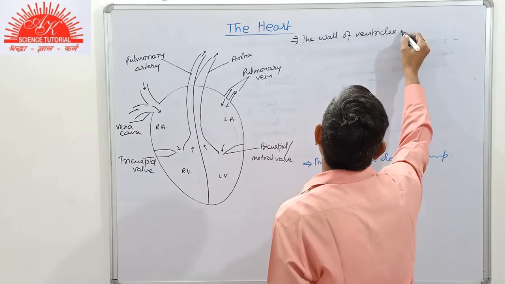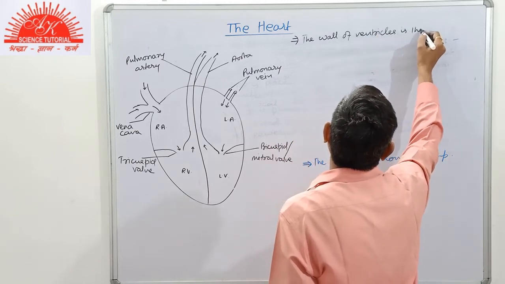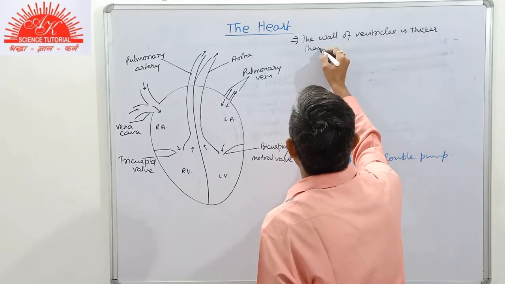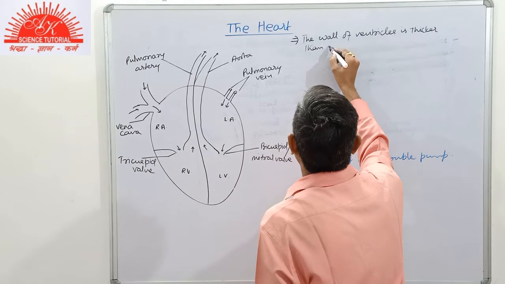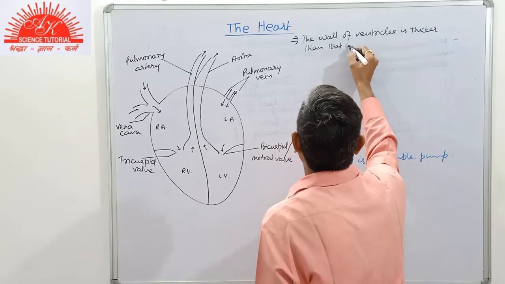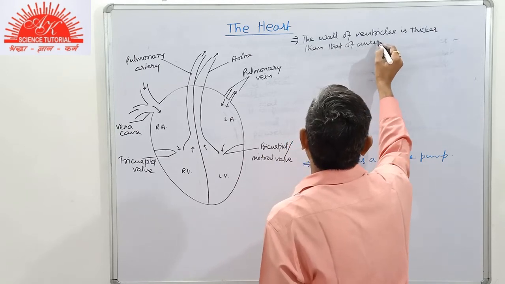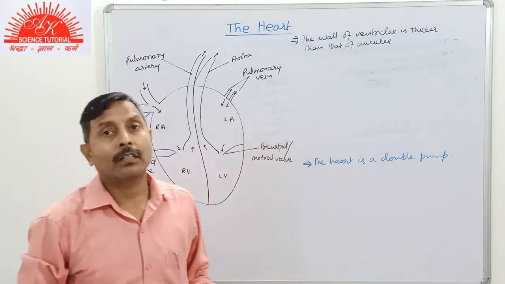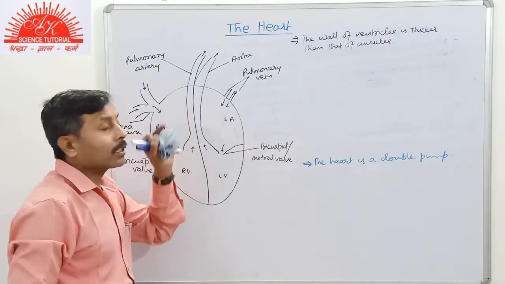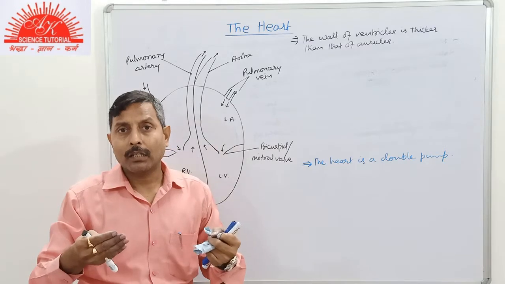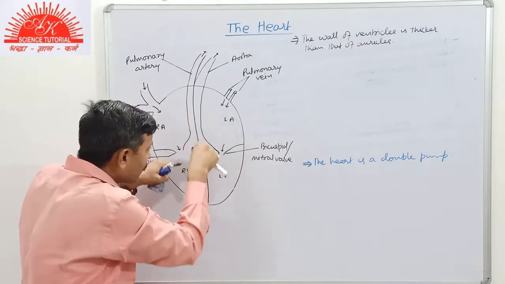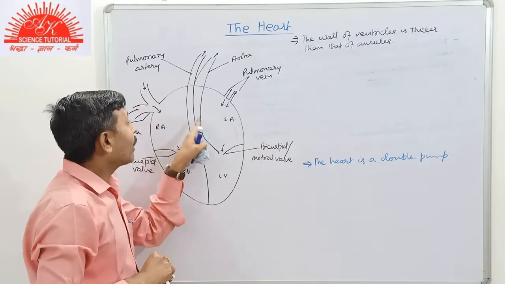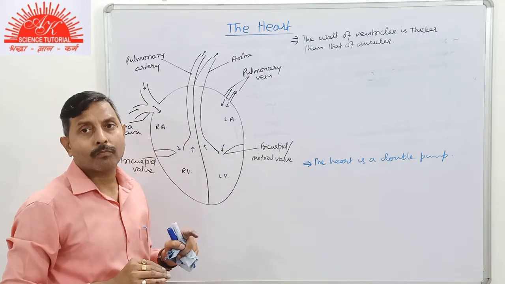ventricles is thicker than that of auricles. Now what is the answer, the reason behind it? The auricles have to pump the blood only into the ventricle under gravity, so they require less muscular force.